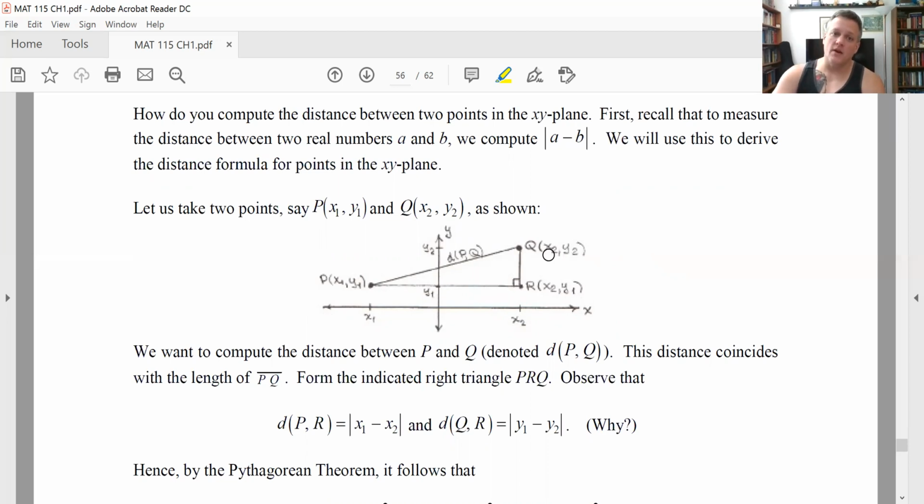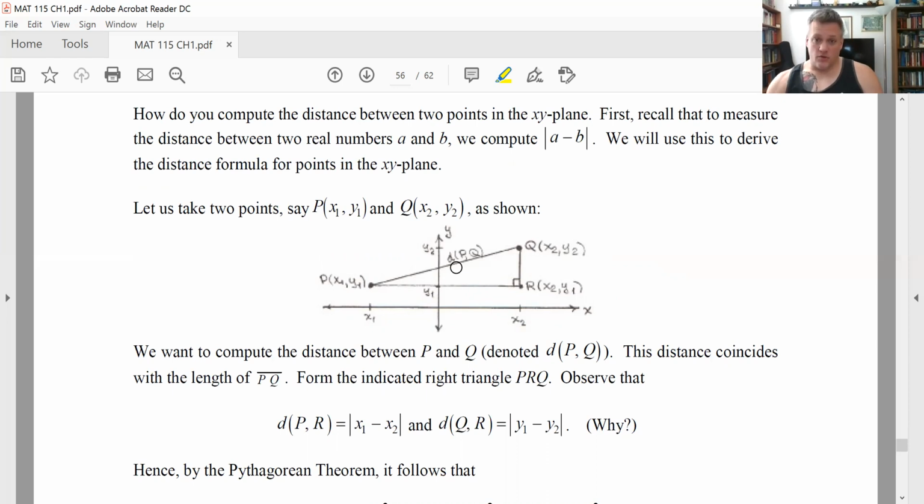And suppose I want to know what the distance between P and Q is, right? And I'm labeling that as d(P, Q). That's a common way of denoting distance between 2 points. All right, well, I don't know how to compute that right off the bat because it moved both in the x and the y direction, right? And so I don't know how to compute that using what we know.